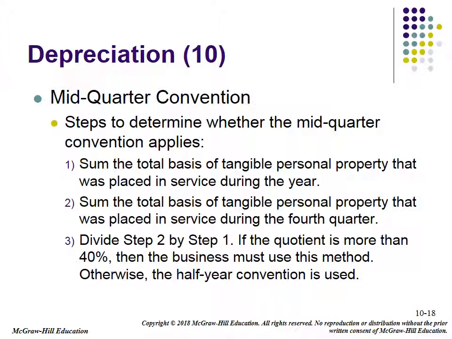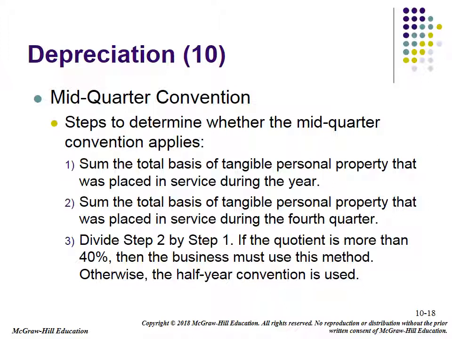The assumption with this is that you purchased an asset in the middle of the quarter that you originally bought it. So let's say your company for 2017 has to apply the mid-quarter convention.